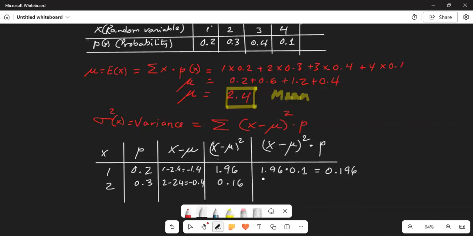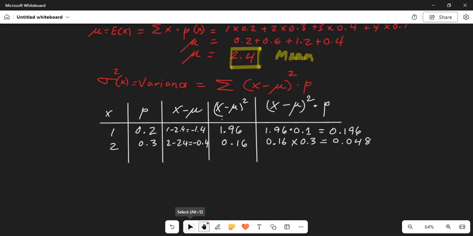And then you multiply 0.16 times 0.3. So basically the square of the deviation of the number from the mean multiplied by the corresponding probability is 0.048. So you get the hang of it. Every time you take the number, subtract the mean from it, then square that difference and multiply it by the corresponding probability. So we will create some space and repeat the process.